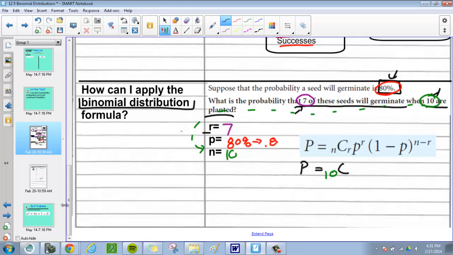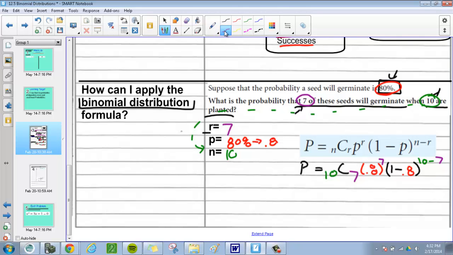Choose 7, times my P, 0.8, to the number of successes, which was 7, times 1 minus P. Let's just put that there: 1 minus 0.8, raised to the 10, the number of trials, minus the number of successes, 7. Okay, so that's filling that formula in.